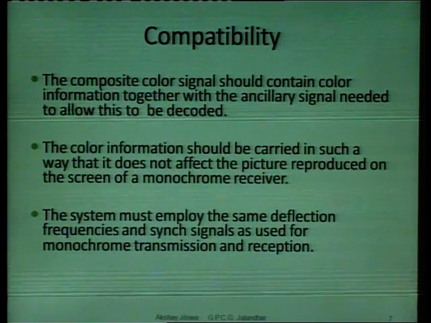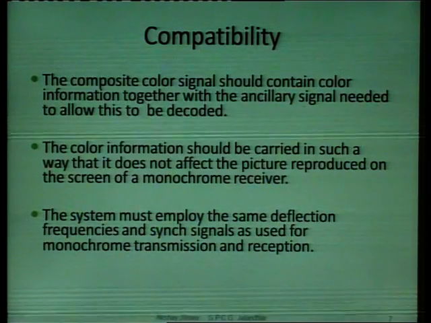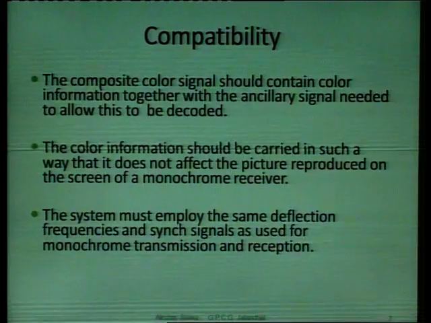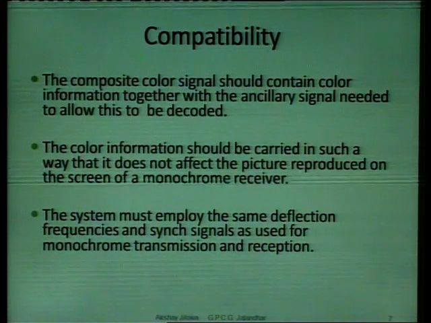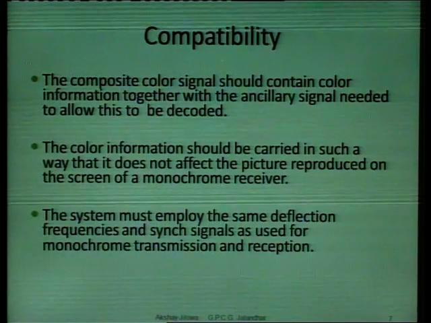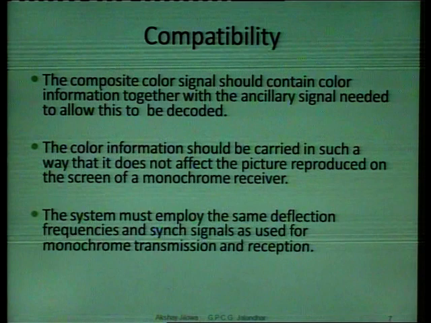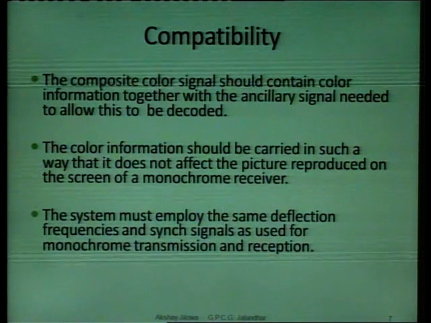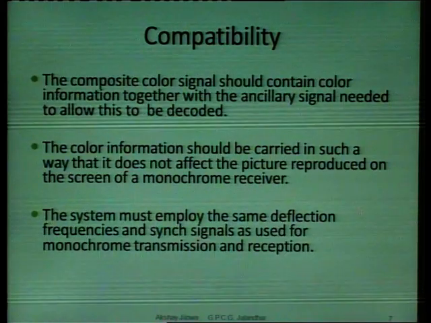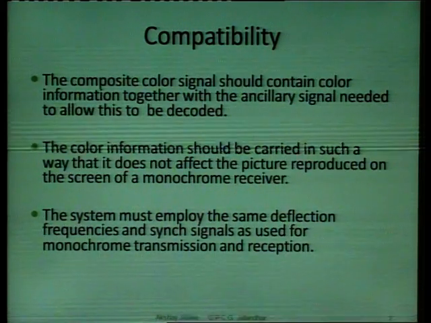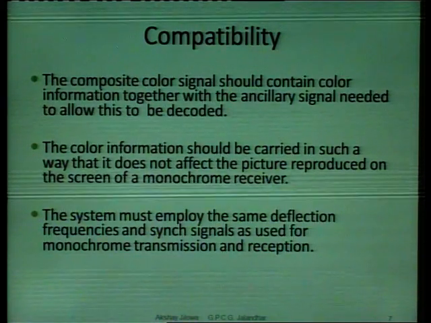Sync signals should not change, otherwise, if they are different, the information on the color signal will not be displayed on monochrome and the information of monochrome will not be displayed on color. So to ensure that both informations are displayed on both types of receivers, the very important requirement is that the sync signal should be the same in both the cases.